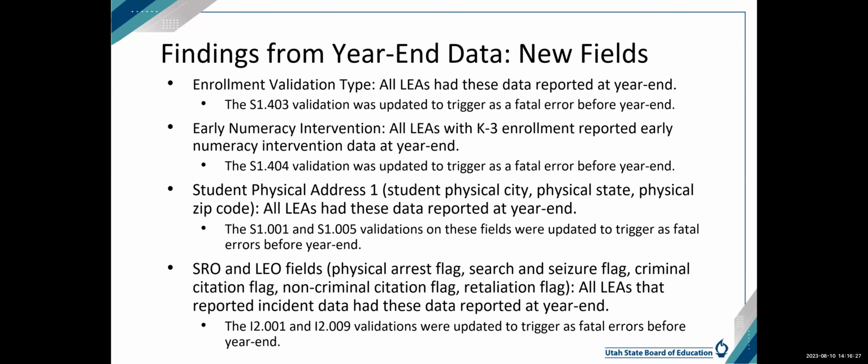And then the SRO, student resource officer, or school resource officer, and LEO, law enforcement officer fields, which include the physical arrest flag, search and seizure flag, criminal citation flag, non-criminal citation flag, and retaliation flag. All LEAs that reported incident data had these data reported at year end. And the incident association record validations were updated to trigger as fatal errors also before year end.